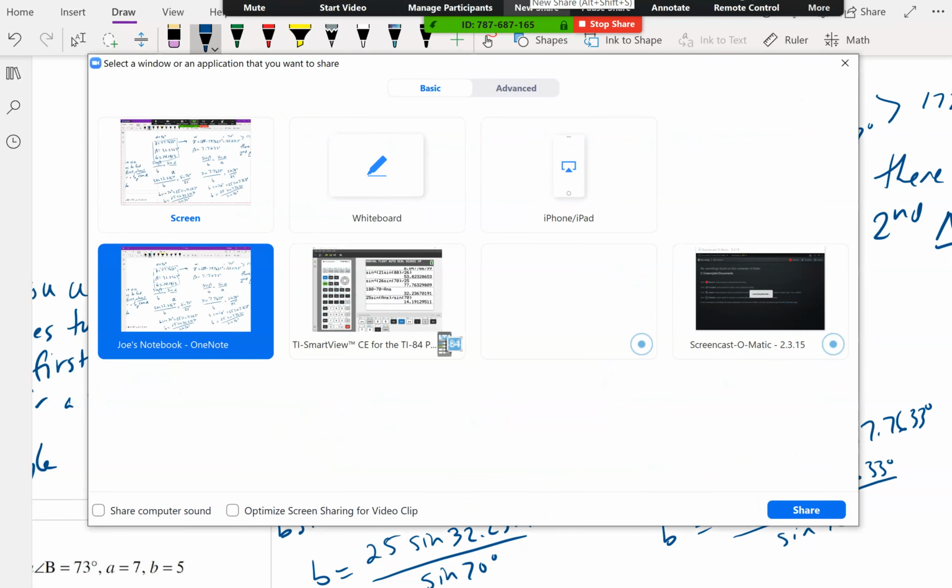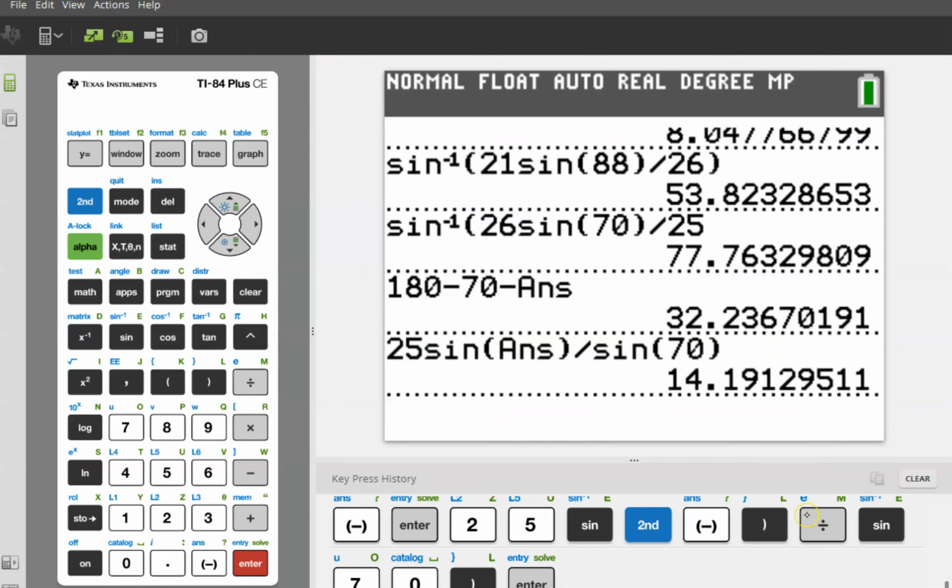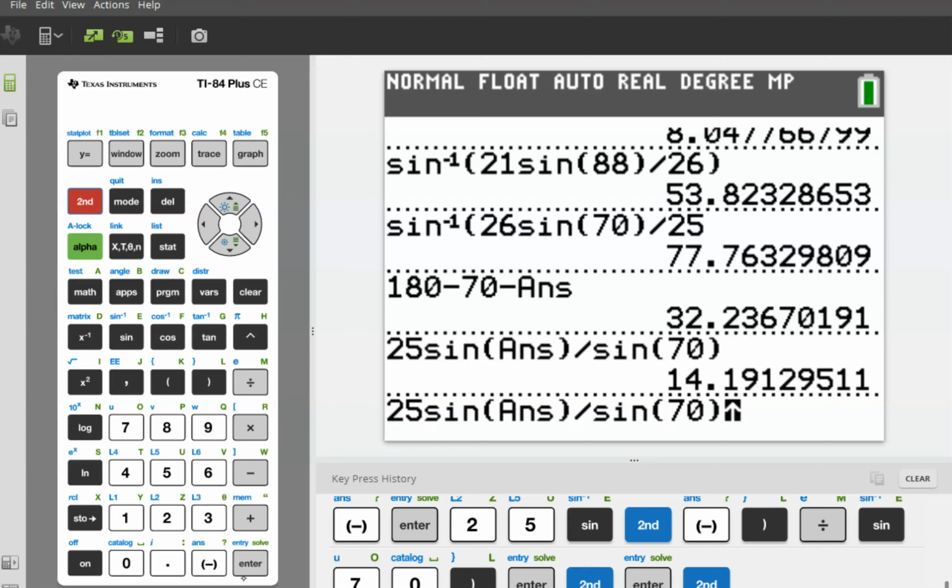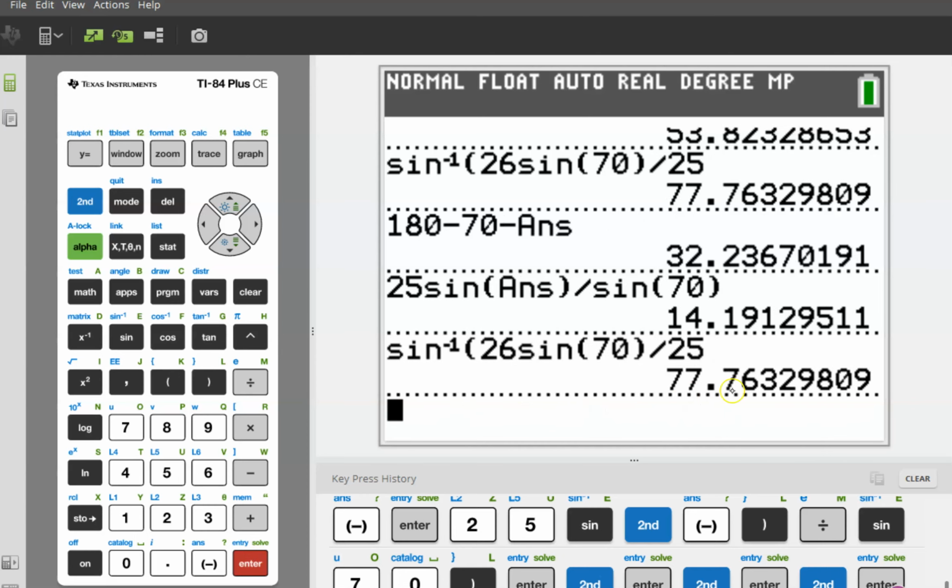And again, this looks like a good job for the calculator. Let's see if I can get back to that 7.76 number. I'm going to use my second entry button to get back up to where we calculated gamma the first time. There was our gamma, the 77.7633.